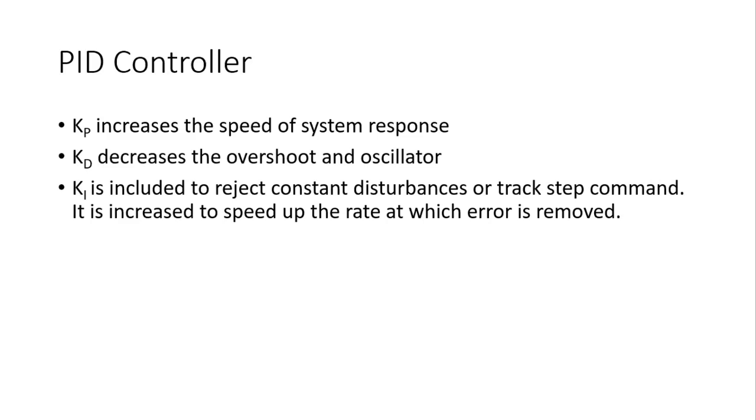I'm not saying increase or decrease, just having a ki can change the system type number. It can increase the system type by 1, so you can reject constant disturbances or track a step command. So it is increased to speed up the rate at which the error is being removed.